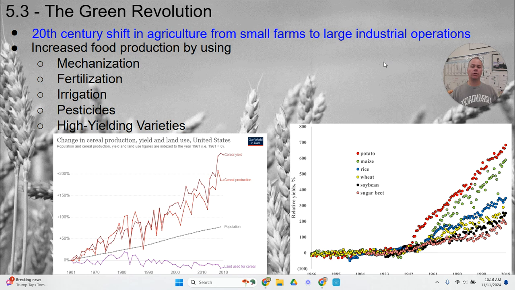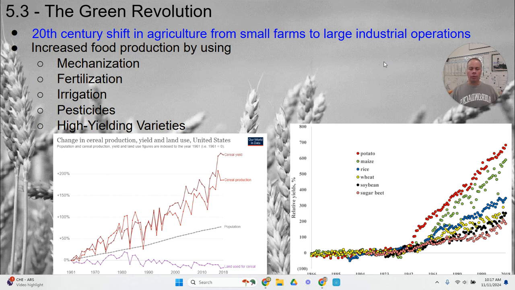The corn that was being grown in Iowa was hybridized for the climate there. And so a man named Norman Borlaug started working in Mexico at increasing yields and helped to produce a new variety of corn, a hybridized variety that was bred to be successful in the Mexican climate.